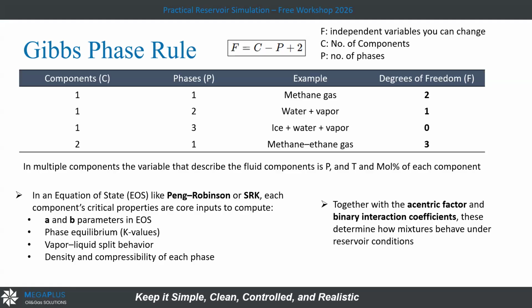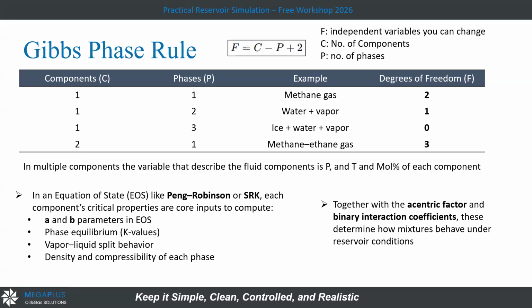So here is another example. If I have a composition of methane and ethane gas, so I have two components, and the two components are in gas phase. To express this fluid, I must have the pressure and temperature and the mole percentage of methane or ethane.